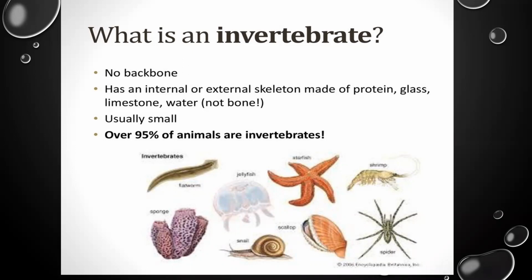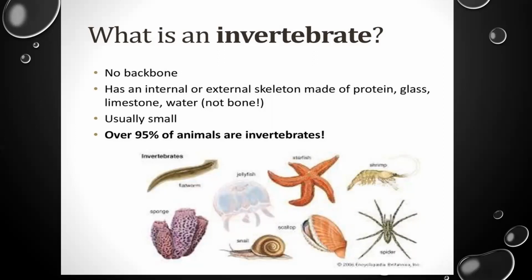Before we continue on our lesson, let's have a quick recap about our lesson last week. Last week we talked about invertebrates. What are invertebrates? What are the characteristics of invertebrates?